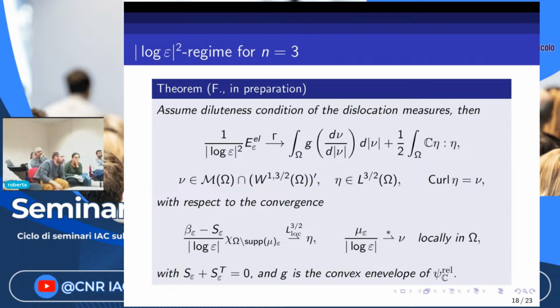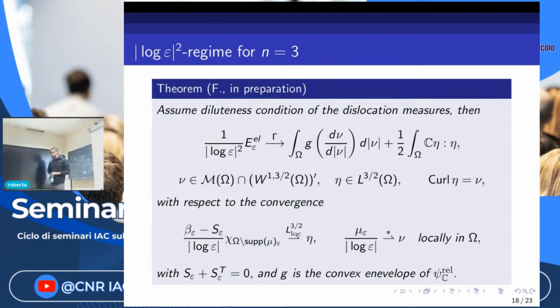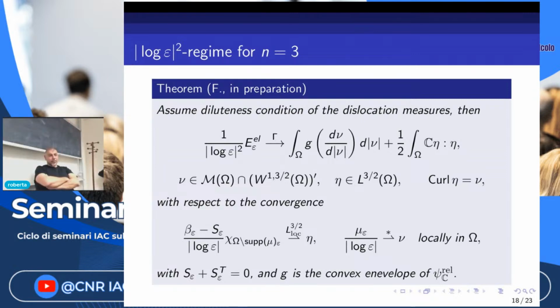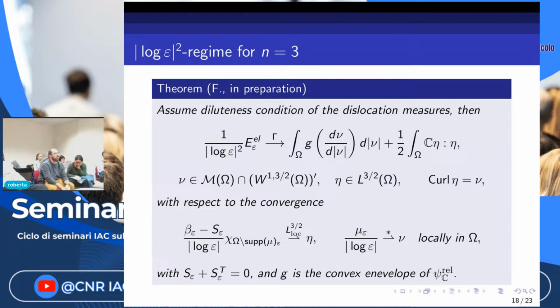Do you think it is feasible to explicitly compute in that case? I don't know. There are some technicalities that deal with relaxation in BV, and I really don't know anything about that.